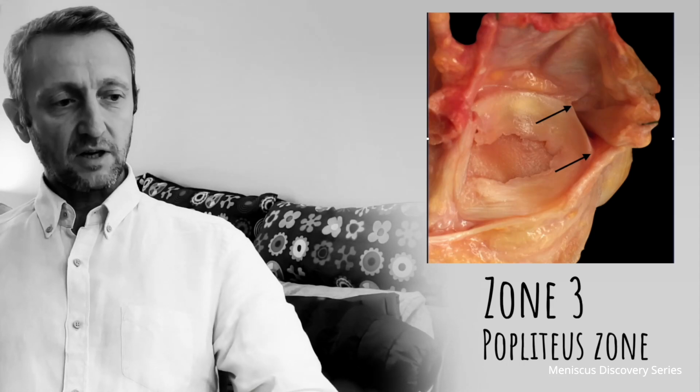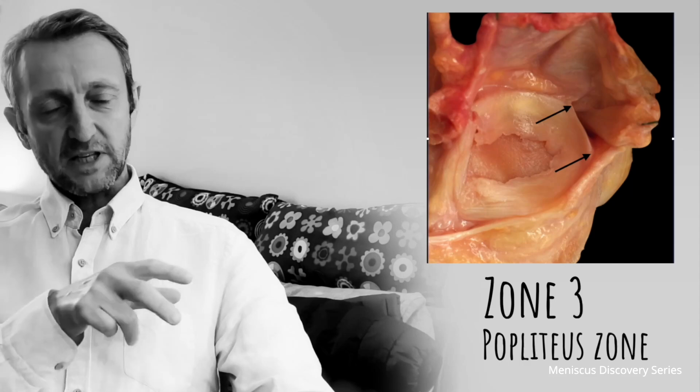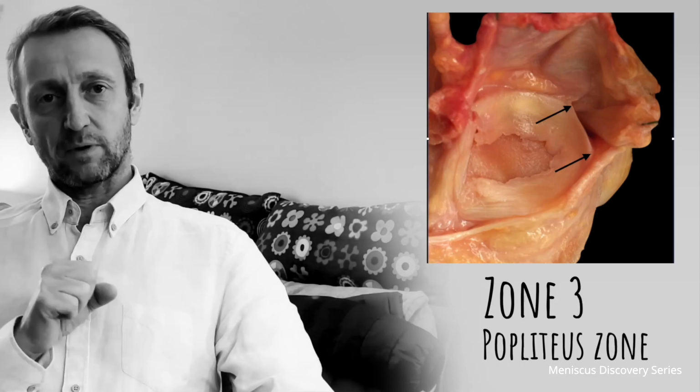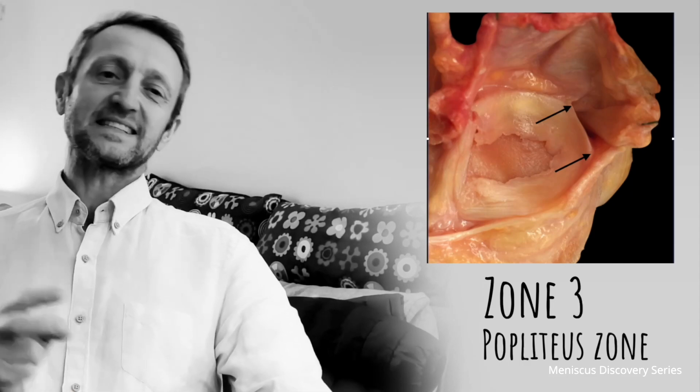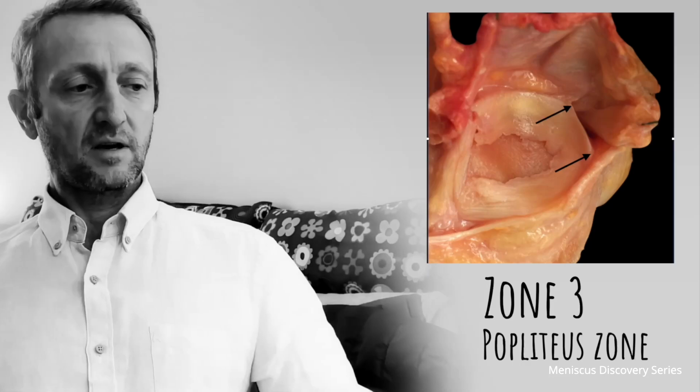This part of the lateral meniscus is very important for meniscus mobility and stability at the same time. This is mostly the popliteus muscle area, and you can see the popliteus tendon and the meniscus next to it.